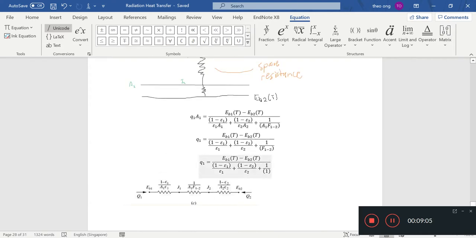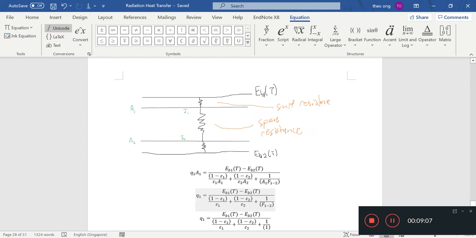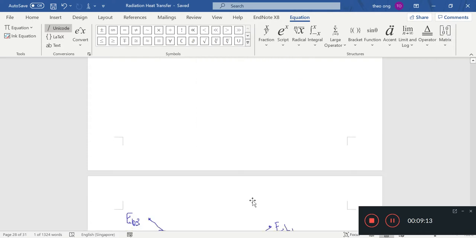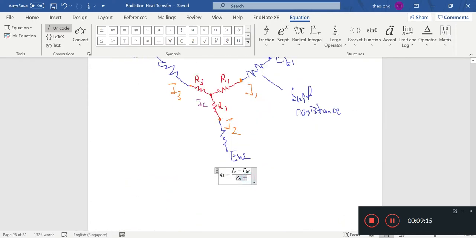Surface resistance is 1 minus epsilon over epsilon times the area, so 1 minus epsilon 3 divided by A3 epsilon 3.